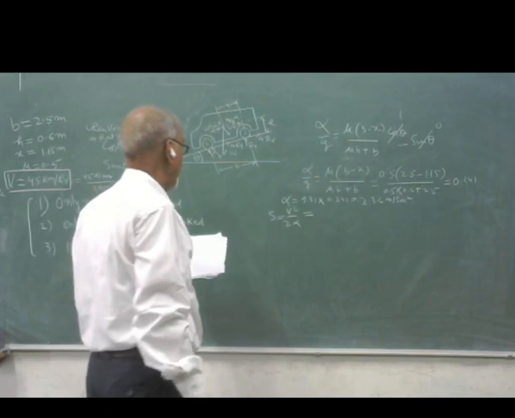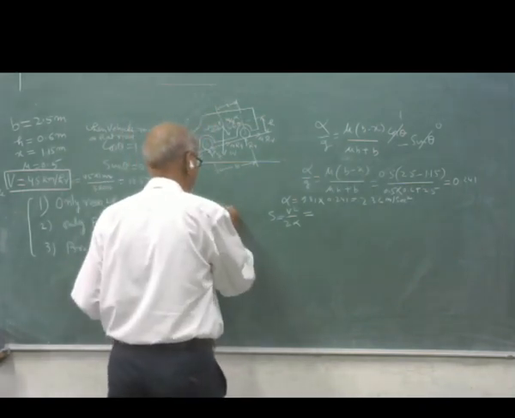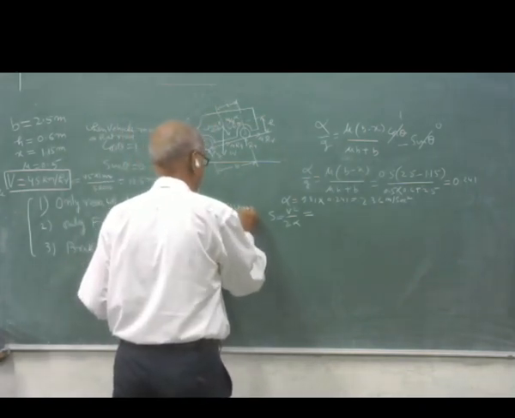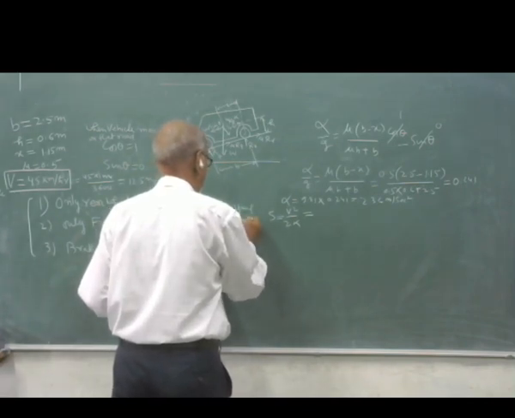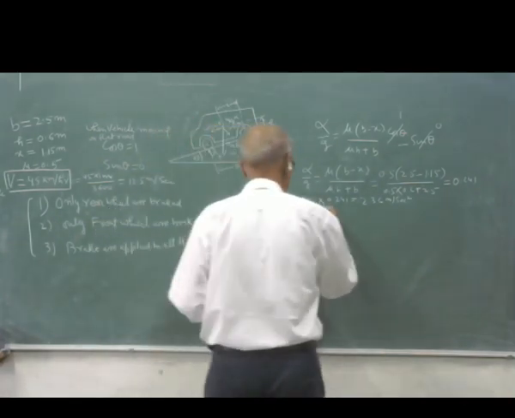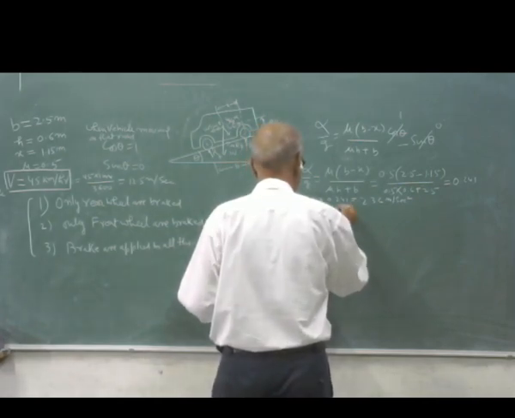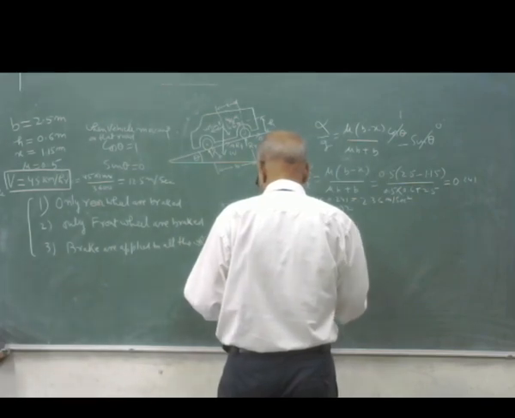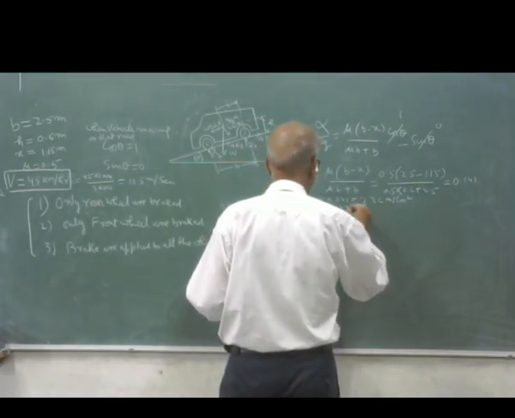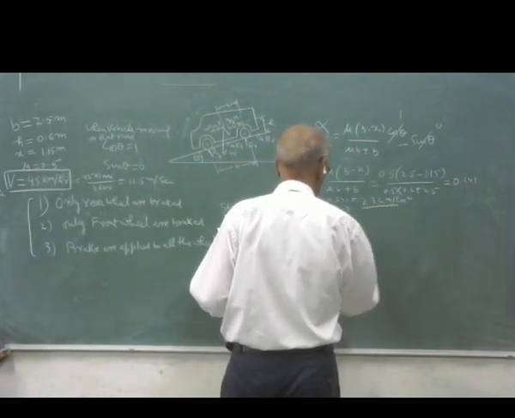Therefore, the stopping distance s will be given by 12.5 whole square divided by 2 into 2.36, the value of alpha we have just calculated.